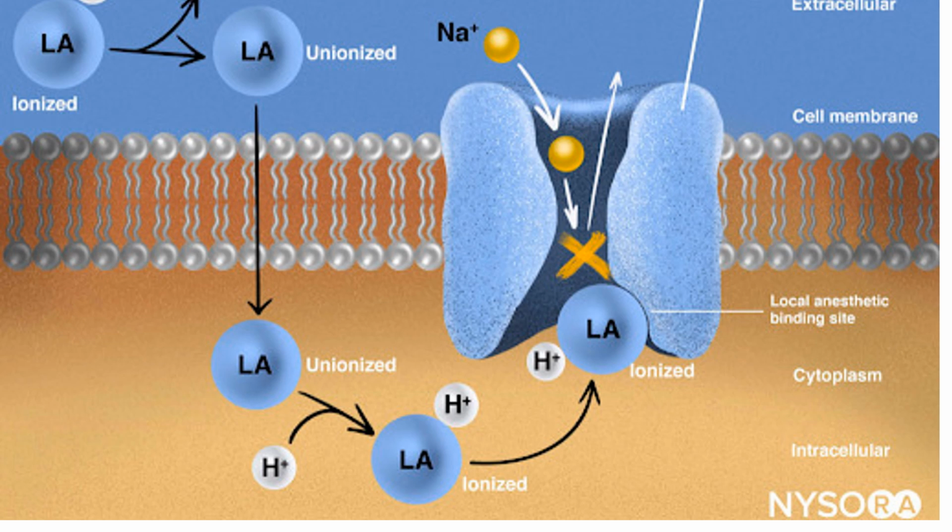So when there's inflammation in the tissue, there's an increased acidic environment, which means there's more hydrogen ion outside the cell. So when the hydrogen ions combine with the local anesthetic, this reaction goes backward, and it forms more ionized form. And remember, the ionized form cannot penetrate the lipid bilayer.